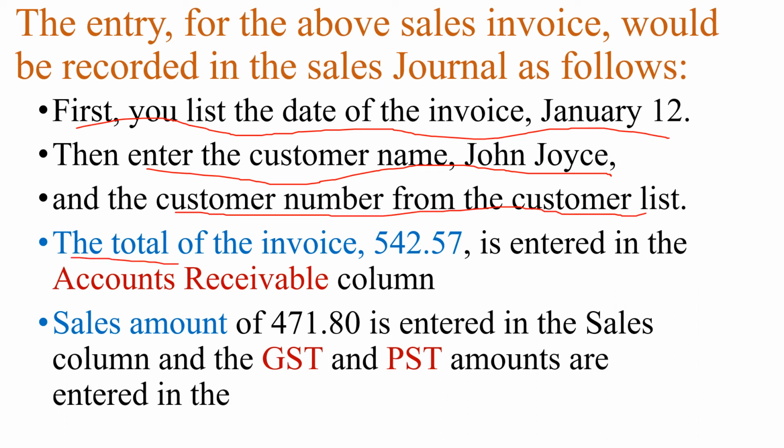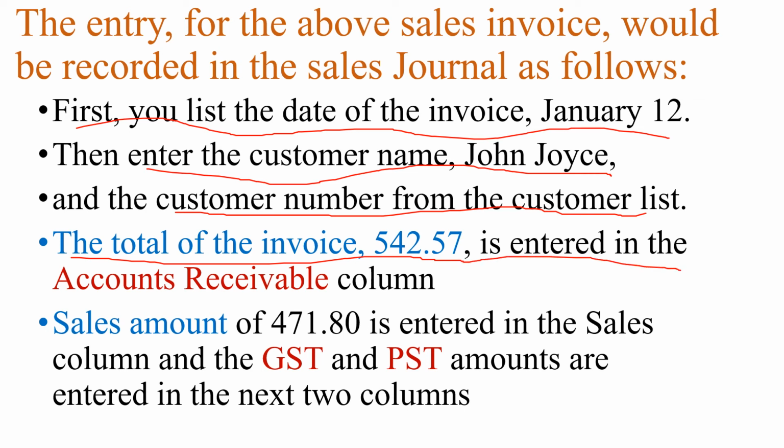The total invoice, which is $542.57, is entered into accounts receivable. The sale amount of $471.80 is entered in the sales column. And then you can record your GST and PST as the taxes payable.